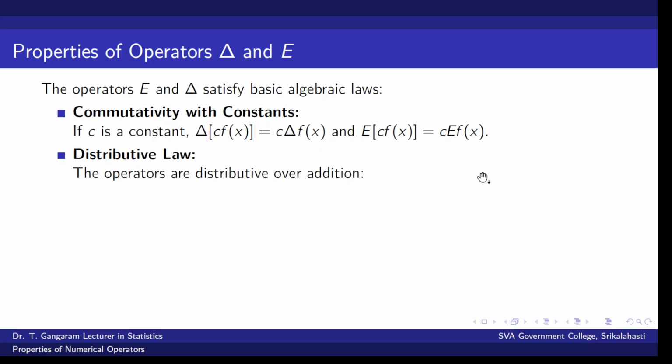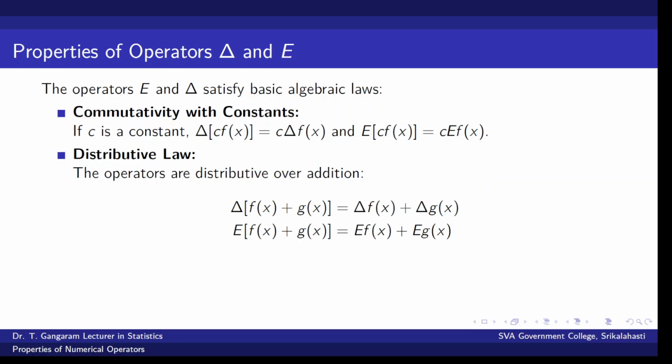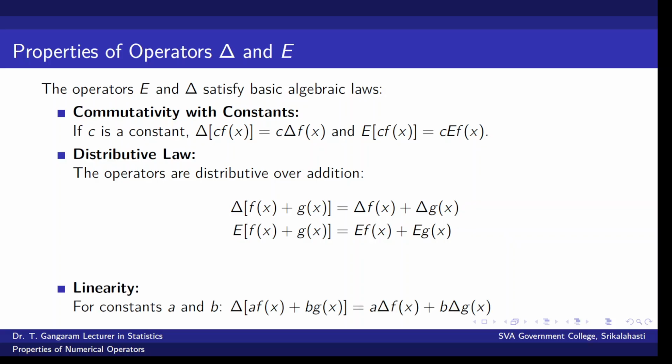Now let us look at the distributive law. Delta of f of x plus g of x is equal to delta f of x plus delta g of x. Similarly, E of f of x plus g of x can be written as E of f of x plus E of g of x. These are distributive laws.